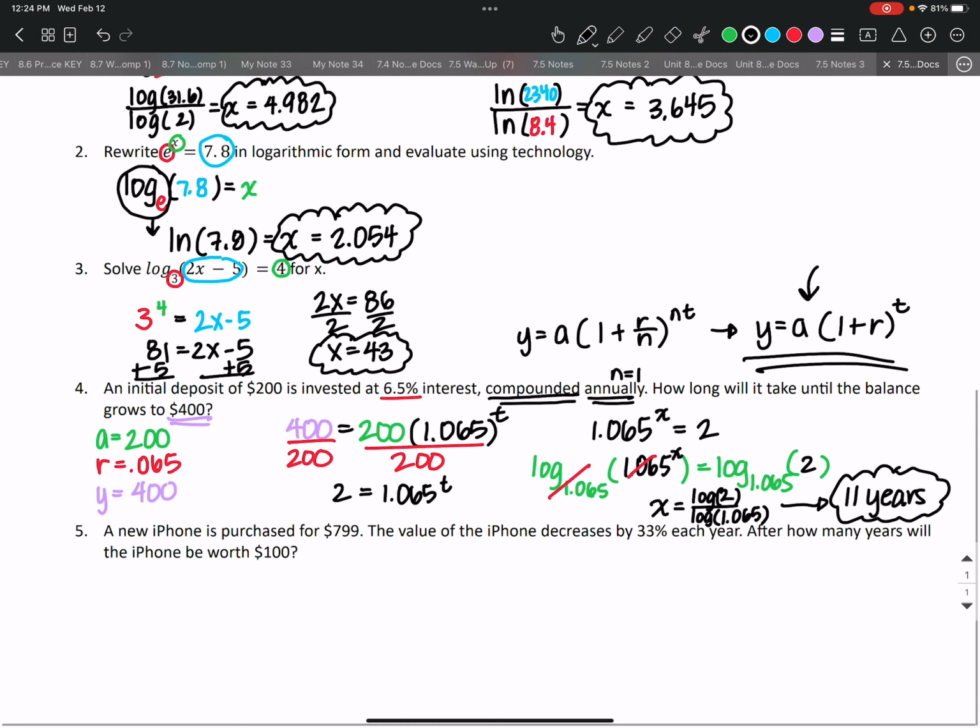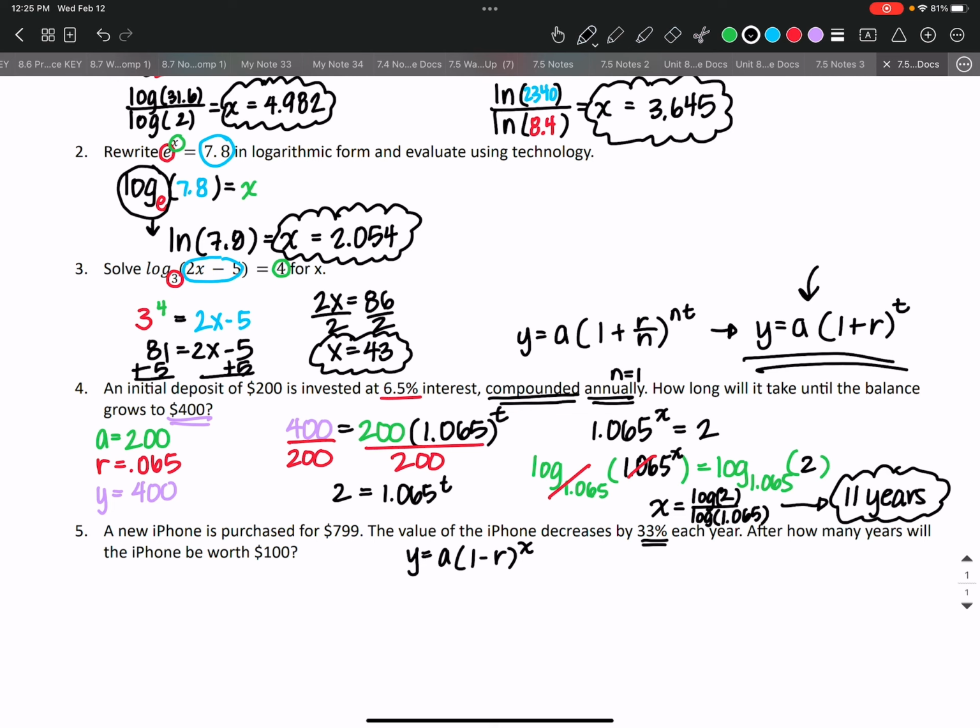And then the last one: a new iPhone is purchased for $799. The value of the iPhone decreases by 33% each year. After how many years will the iPhone be worth $100? I'm going to be using the depreciation or decay formula when I have a percent rate of change. So y equals a times 1 minus r to the t, or to the x power.